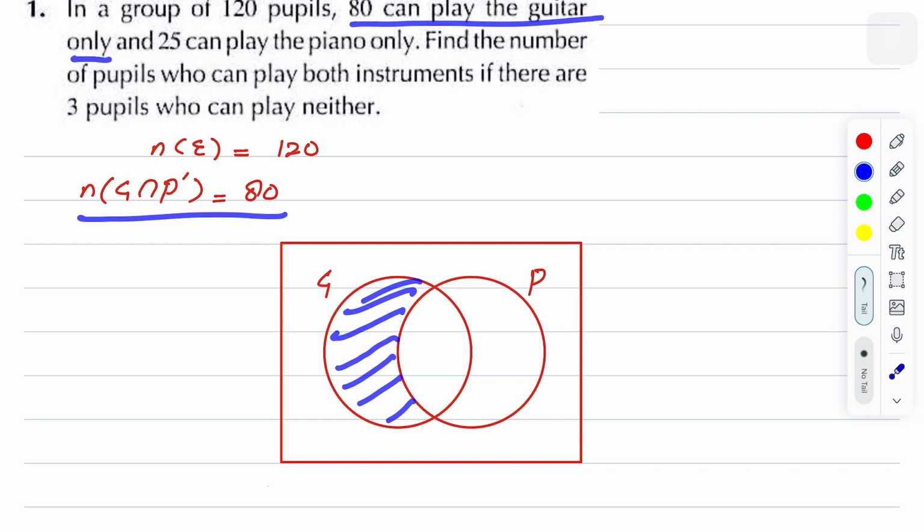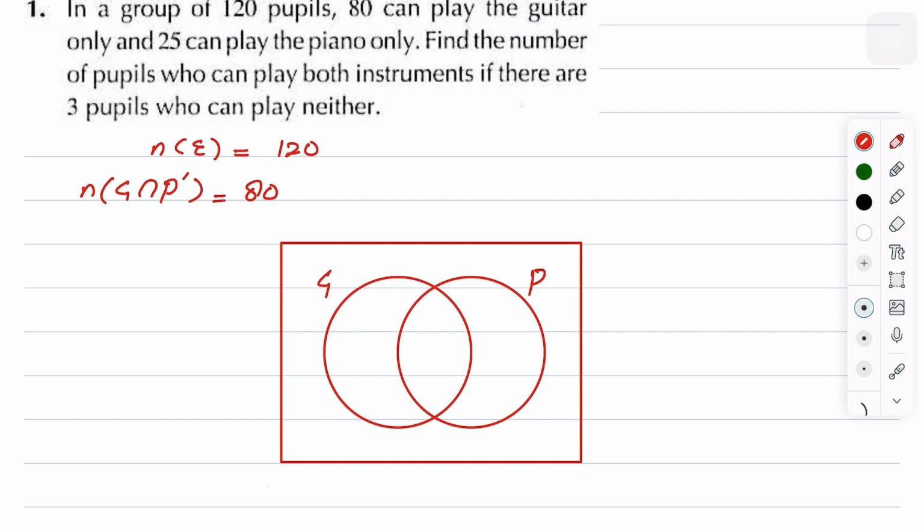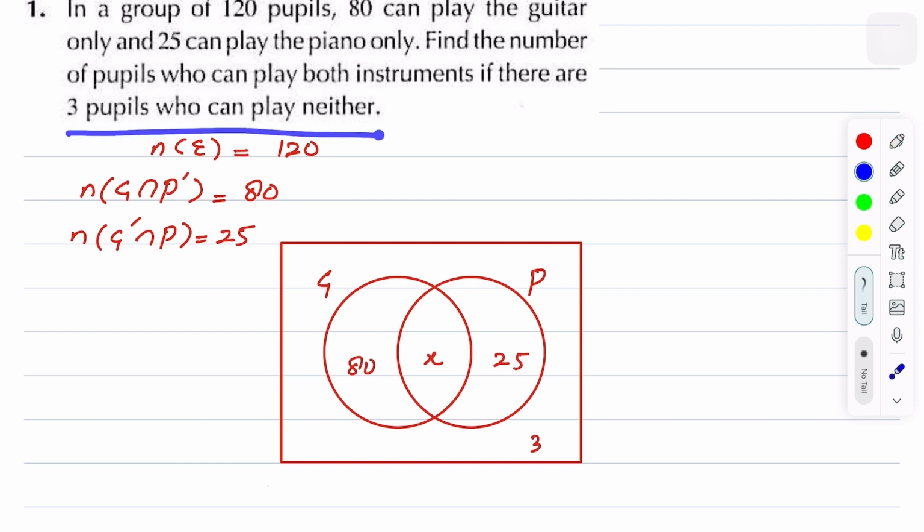and they are talking about 80 students who can play guitar only. And similarly, they are saying 25 can play piano only. In that case, you will write G complement intersection P, and that is 25. Now let the number of people who can play both of these instruments be X, and this will be 80 who can play guitar only and 25 who can play piano only, and there are 3 students who can play neither.